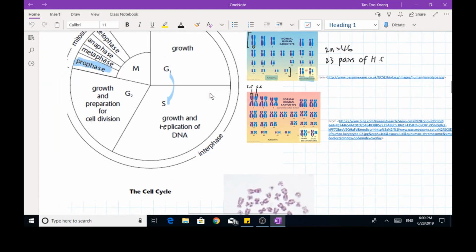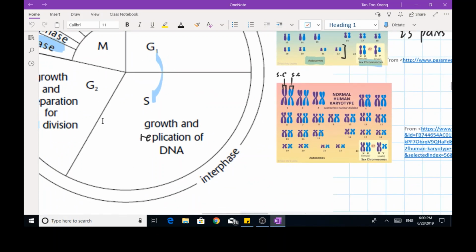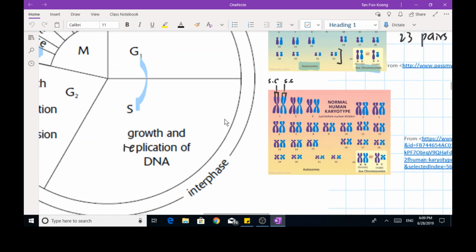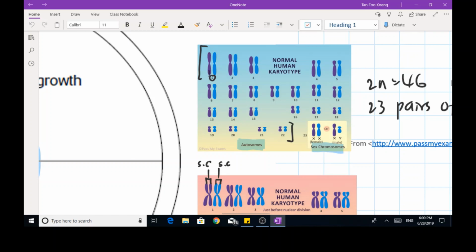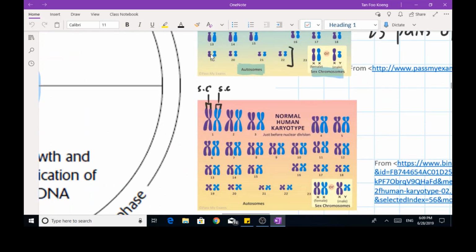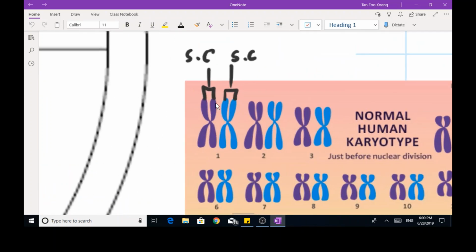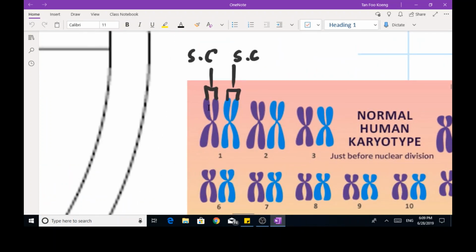Then what happens during S phase? During S phase, replication of DNA occurs, or we say duplication of chromosomes takes place. This is when this chromosome starts to make its own copy. As you can see here, this chromosome is exactly the same as this, and they are attached together at the centromere.